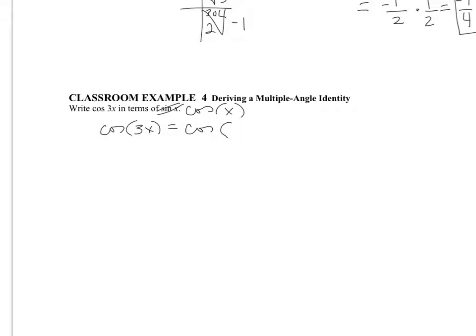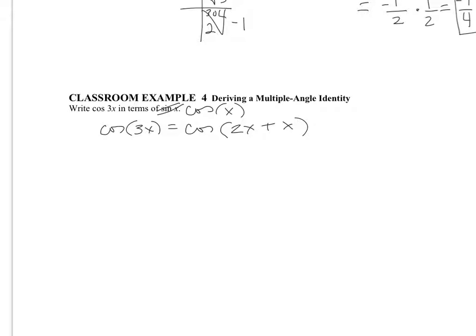So 3x would be the same thing as what? 2x plus 1x. Yeah, I could write it as the cosine of 2x plus x, because 2x plus x is 3x. So we're going to take some things we did in 7.3 and combine them with what we're now learning in 7.4.